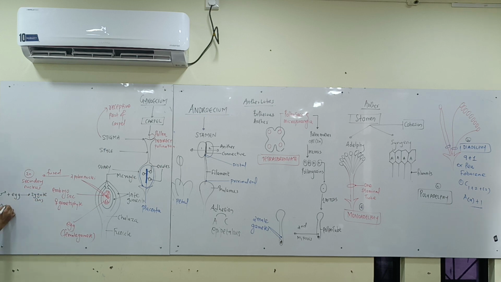Another male gamete will fuse with the secondary nucleus and that will result in the formation of a triploid cell, which is called the primary endosperm nucleus.